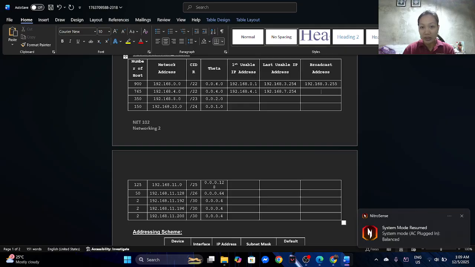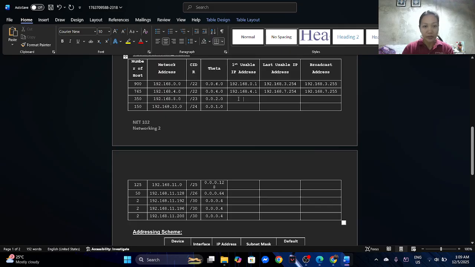And broadcast address would be 192.168.7.255. For host 350, first usable address would be 192.168.8.1. Last usable address would be 192.168.9.254, and broadcast address 192.168.9.255.